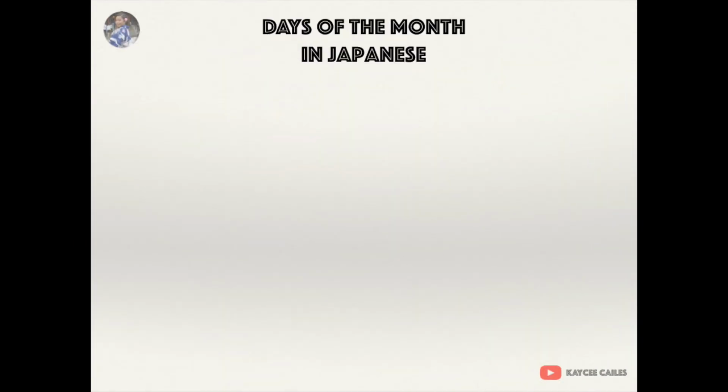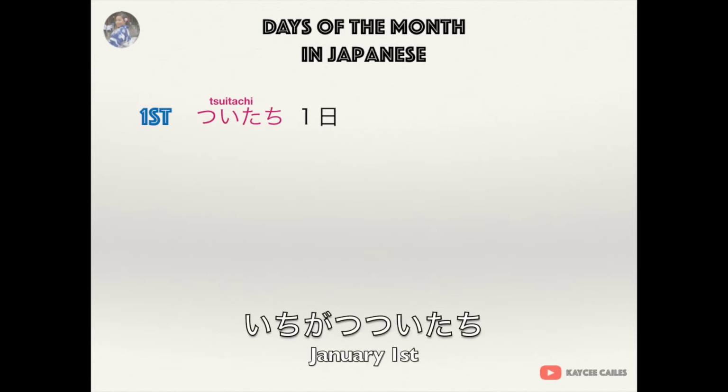Moving on, we'll talk about how to say the days of the month in Japanese. First is tsuitachi. Di masyadong related sa number, no? But please try to remember this kahit medyo weird kung paano sabihin ito in Japanese. So, January 1st, in Japanese, we say Ichigatsu Tsuitachi.